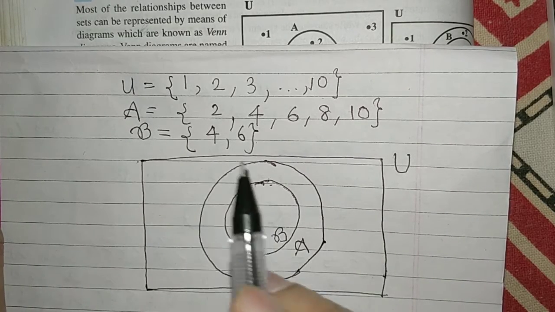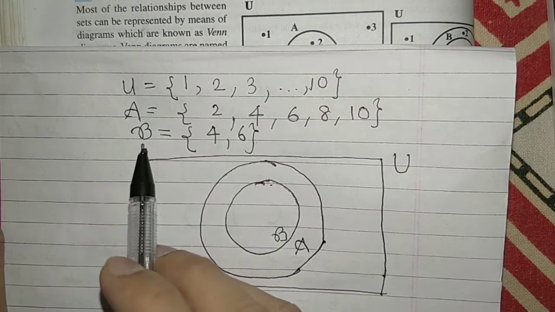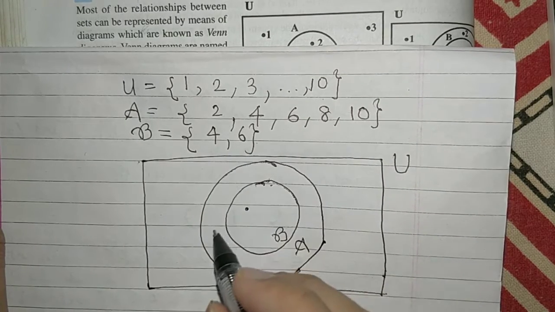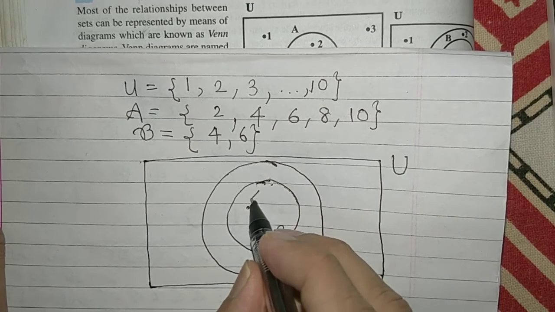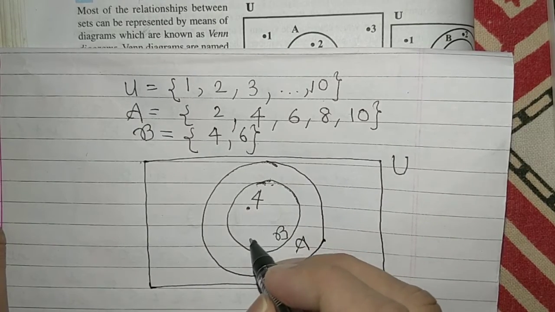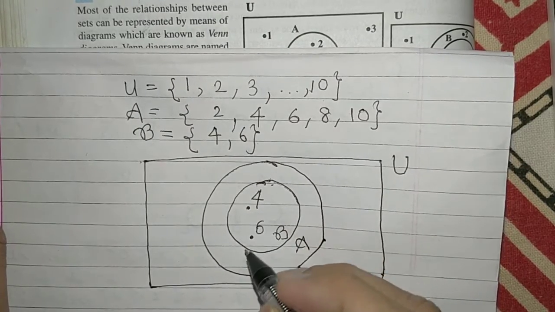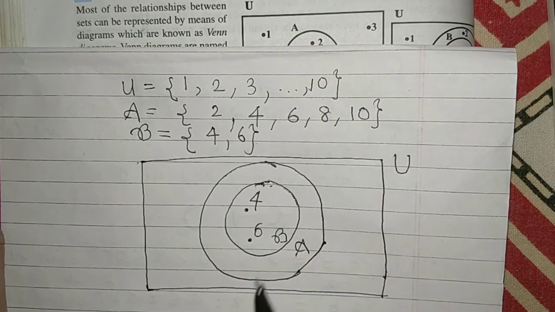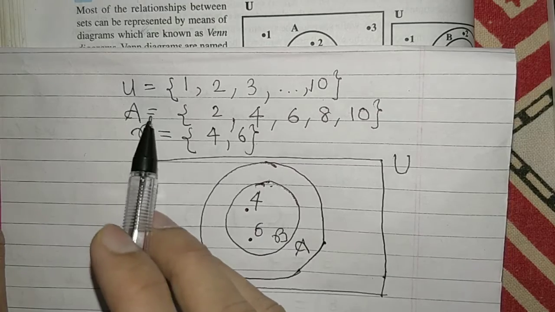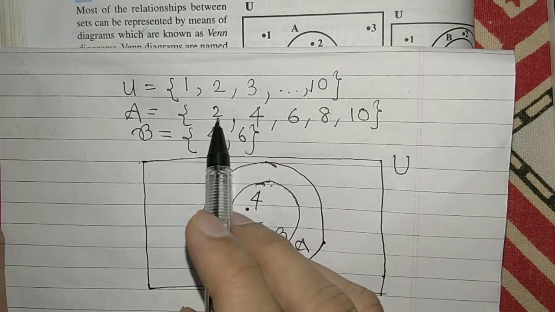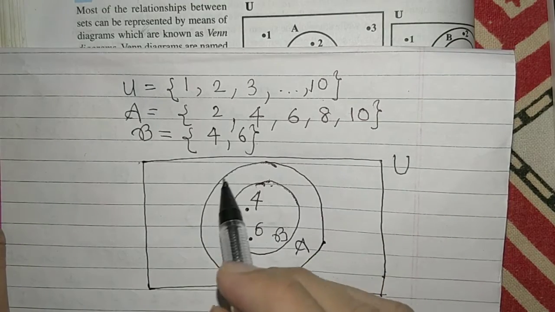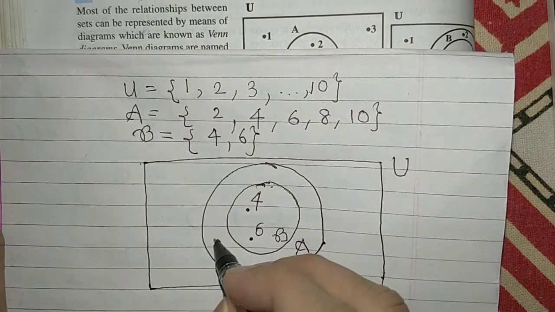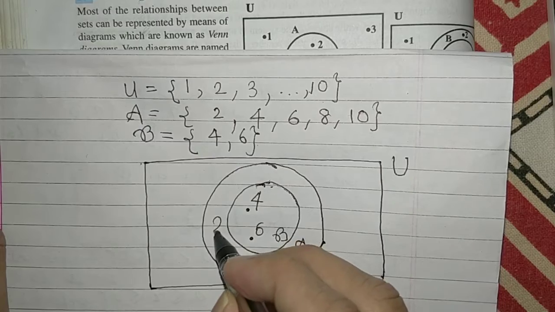Now you look at the elements of B first. They are 4 and 6, and write them inside the set B. So these are the elements of set B. Now you look at the set A, and you have to write all the elements of set A inside this circle A. So 2 is there.